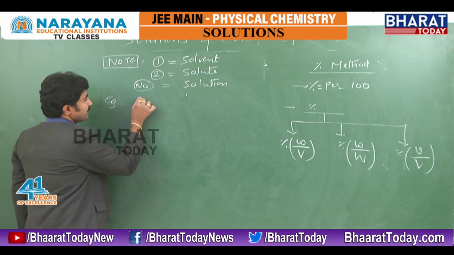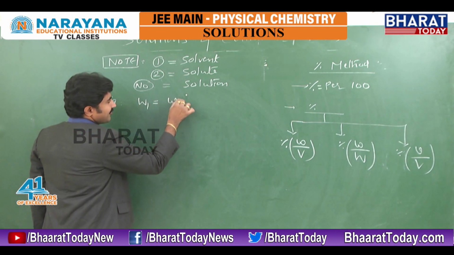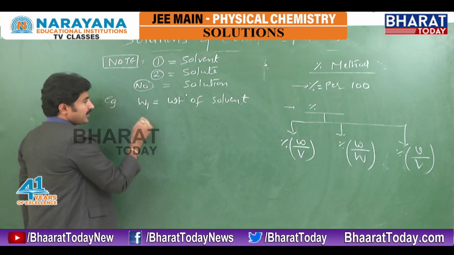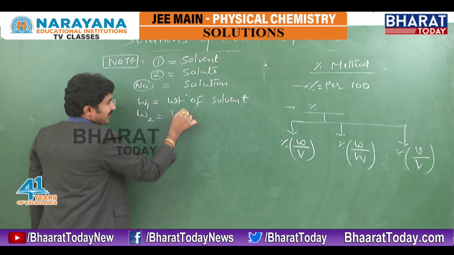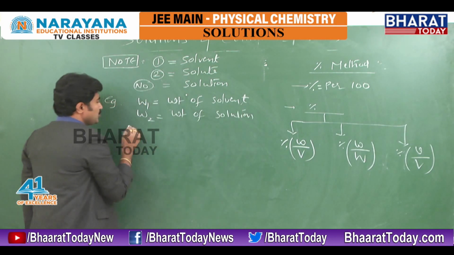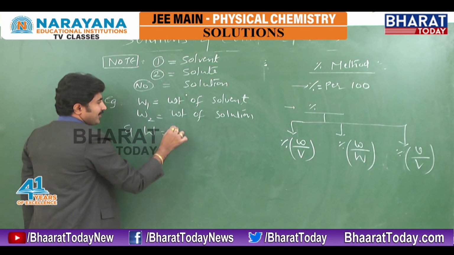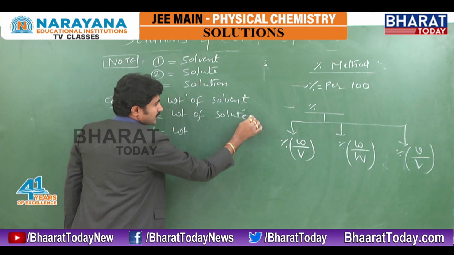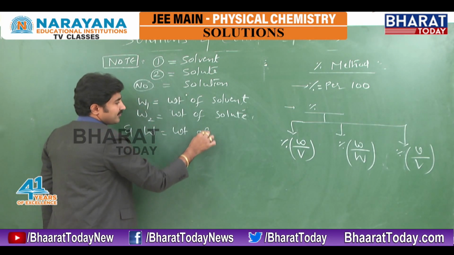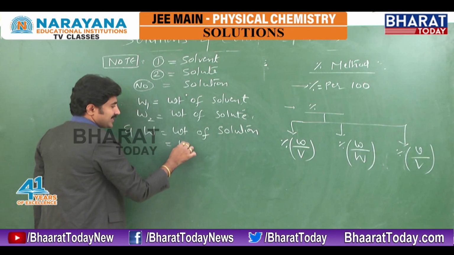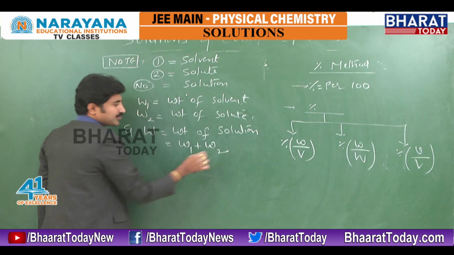See this example: W1 is the weight of the solvent, W2 is the weight of the solute, and W is the weight of the solution. The weight of the solution is W1 plus W2.